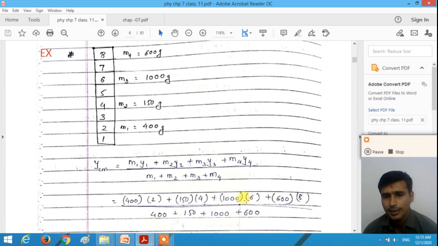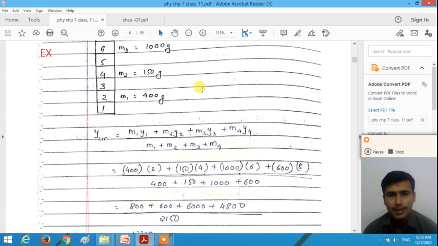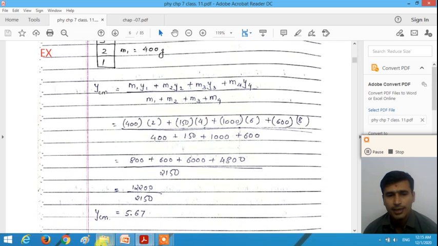So we take 6, right? Plus mass of the fourth object is 600 gram and its location is the 8th floor. So we take 8, divided by the total mass 400 plus 150 plus 1000 plus 600, right? So if you calculate this, we get YCM equal to 5.67, right?